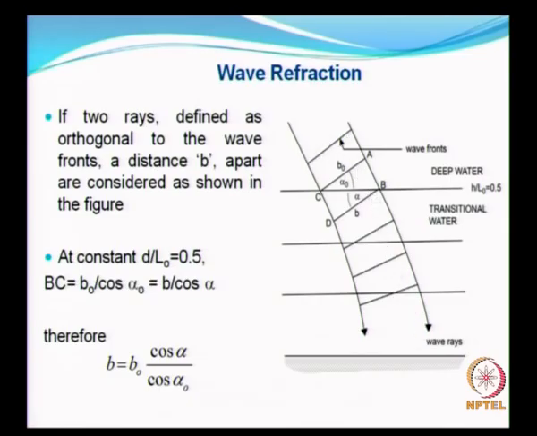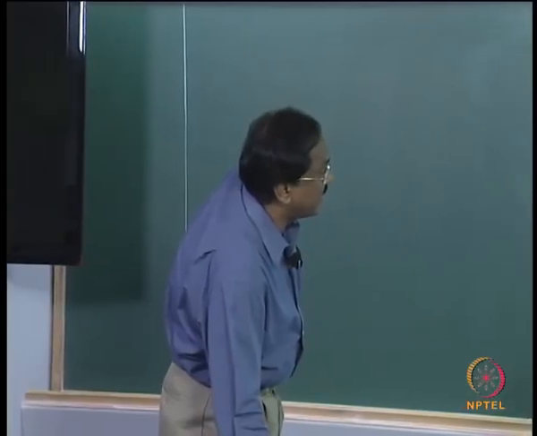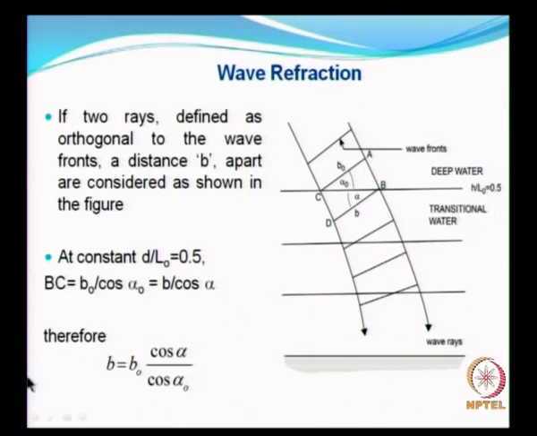In the deep water we assume the distance between the orthogonals equal to B naught, and the same distance in the transitional waters, if you assume it to be small b, then I can get a relationship at constant d by L naught: B naught times cos alpha naught equals b times cos alpha.